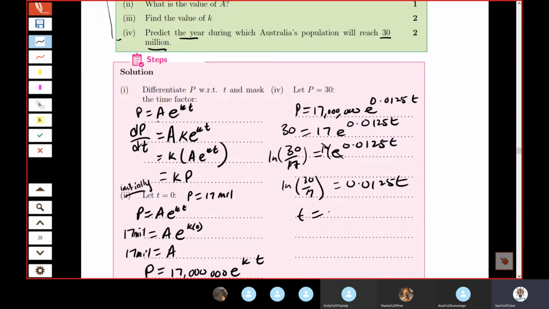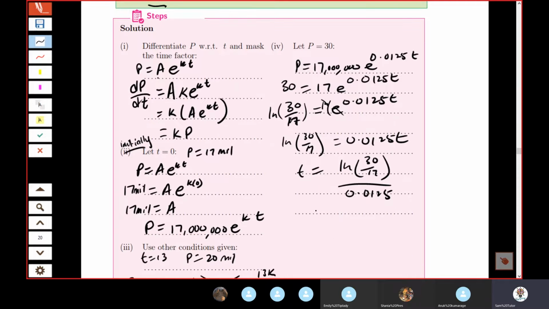And then you divide. Now, we're going to try to see if it mattered in this case. I'm going to put this in my calculator, and I'm going to put the other one in my calculator, the one I would have had. And we'll see what 2 answers we'll get. Just for your own knowledge. See if it mattered in this case. So if I put log 30 over 17, over A, I would have got 45.43.